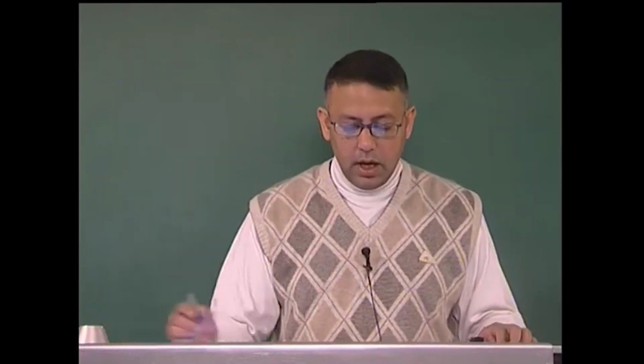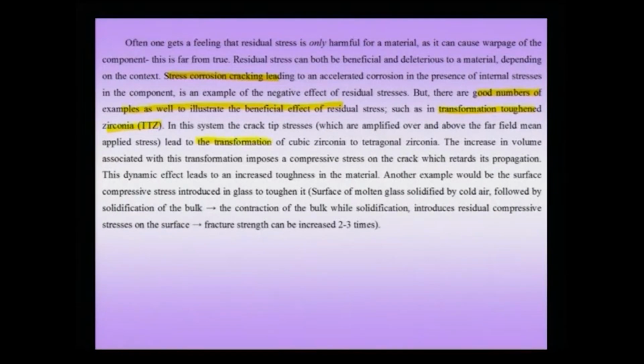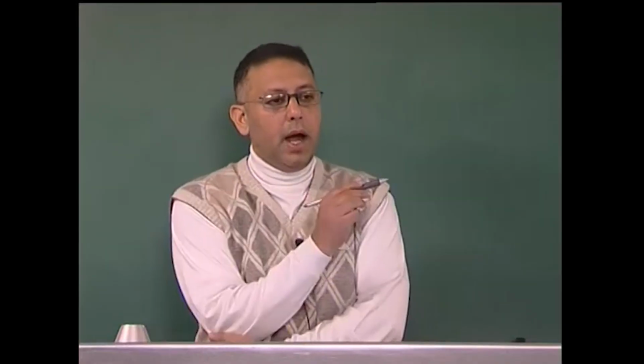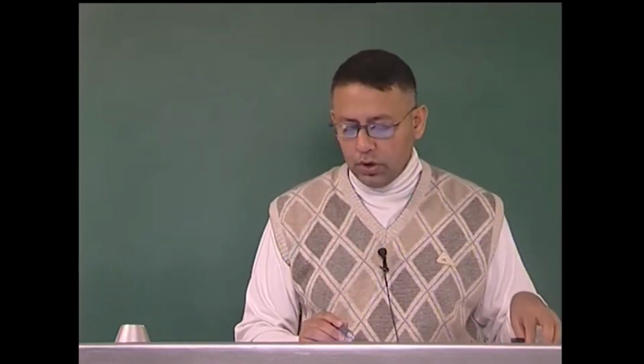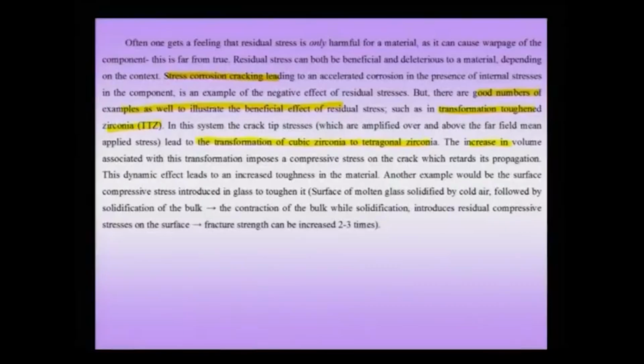So, the crack tip stresses now amplify the mean far field stresses, and this high stress value leads to the transformation of cubic zirconia to tetragonal zirconia, because in transformation toughened zirconia the zirconia is present in the metastable form, and because of the presence of these stresses the zirconia transforms from the cubic form to the tetragonal form, and often also to the monoclinic form, and this leads to an increase in volume associated with the phase transformation. This increased volume imposes a compressive stress on the crack tip.